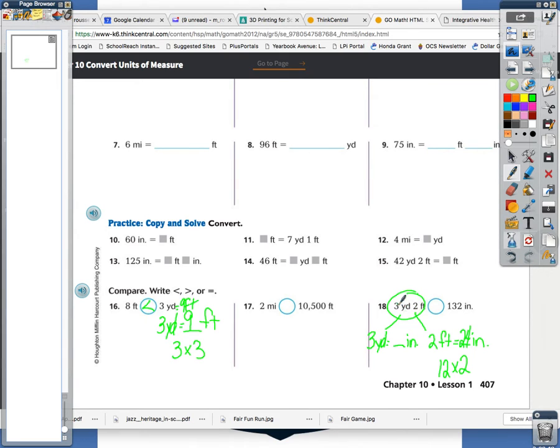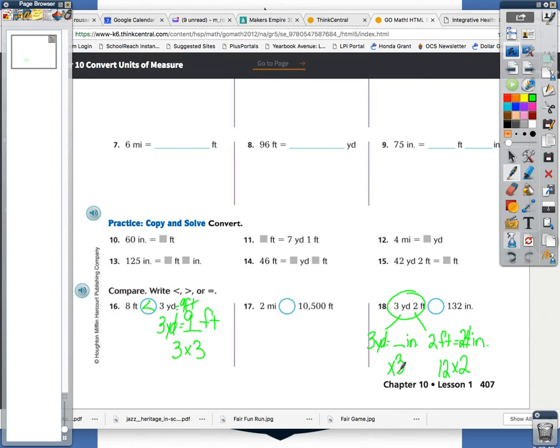Now we need to convert the yards. Again, we're going from a larger unit to a smaller unit, so that means we're going to multiply. We have a total of 3 yards, so that's the number we're going to multiply by. Now, when you look in your chart, you'll notice there's no conversion for the number of inches in a yard.